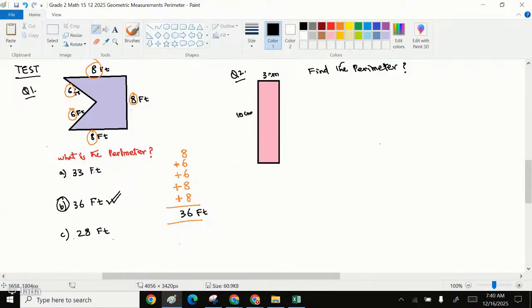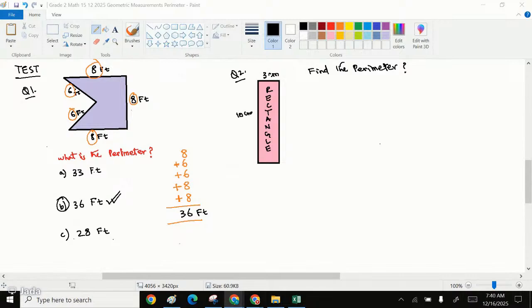Okay. What I did was I changed the question. The lengths of all 4 sides were given, but I gave you the lengths of 2 sides only. Why? Because I said this is a rectangle. Right? So what do we know about a rectangle? Can anyone help me out? Very good.